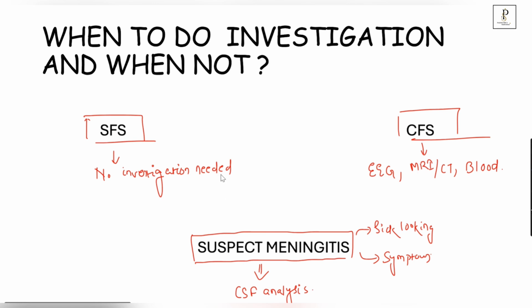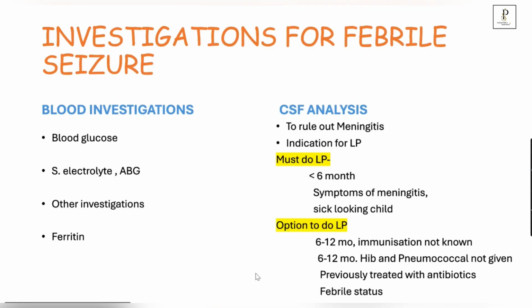So that is when to do investigation and when not to. If simple febrile seizure, no investigation needed. Complex, you can do EEG, MRI, CT, blood, and if you are suspecting meningitis, do CSF analysis.